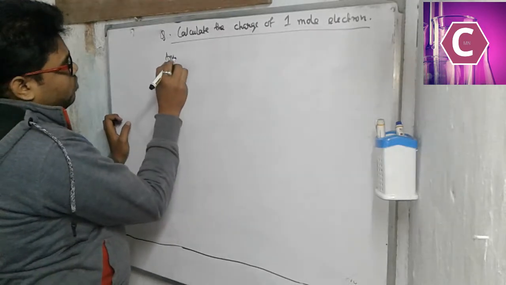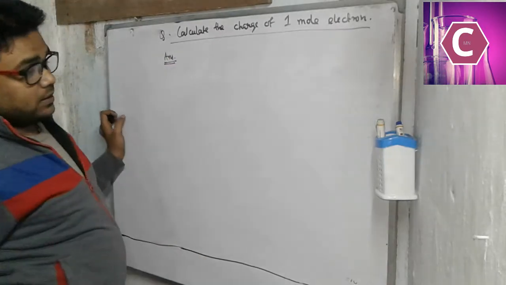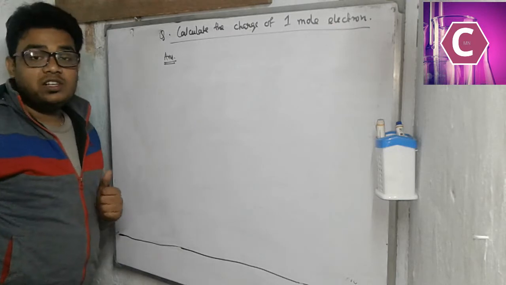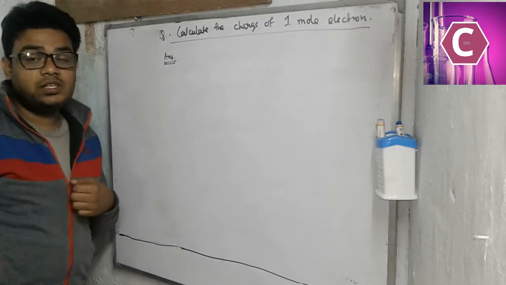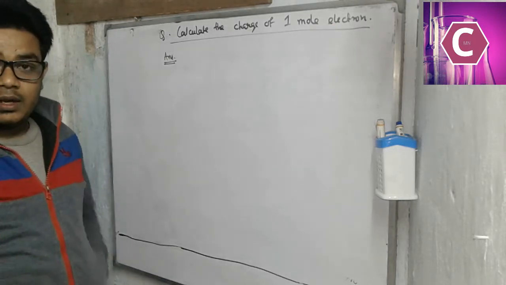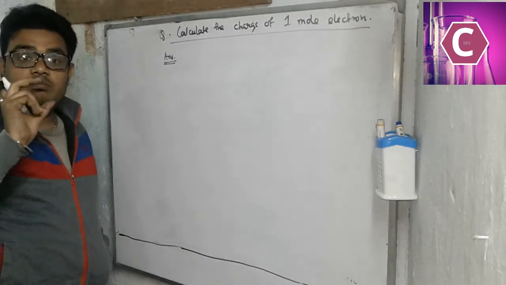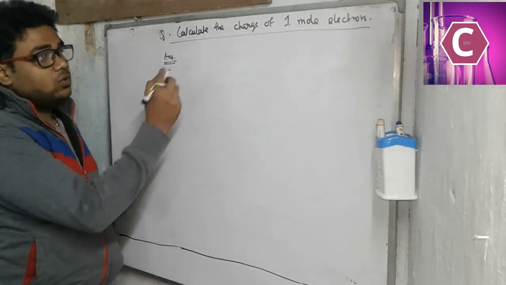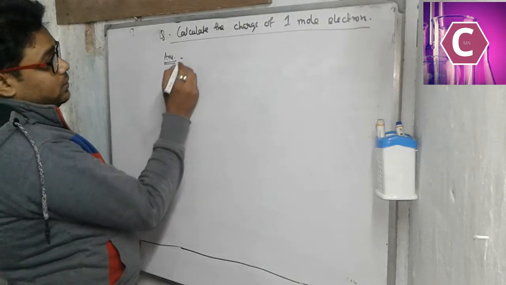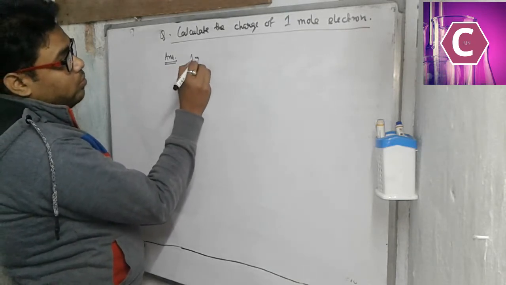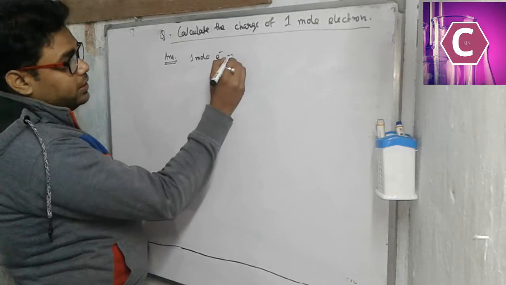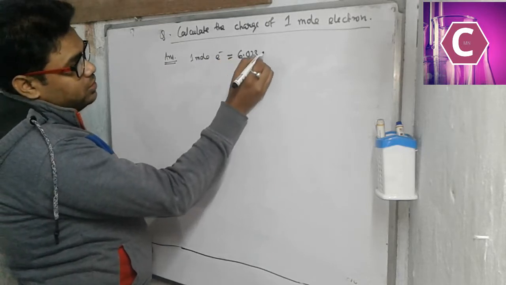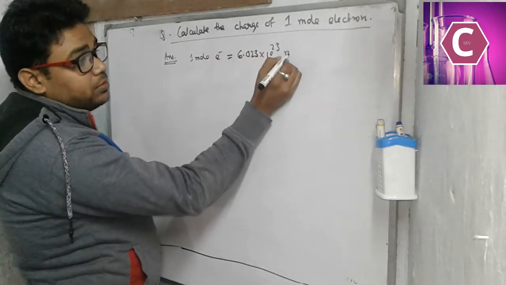Again, what I say, the relation 1 mole equals 6.023 into 10 to the power 23 numbers. It is the basic relation. This relation can also be applied here. So we know 1 mole electron equals 6.023 into 10 to the power 23 numbers of electrons.